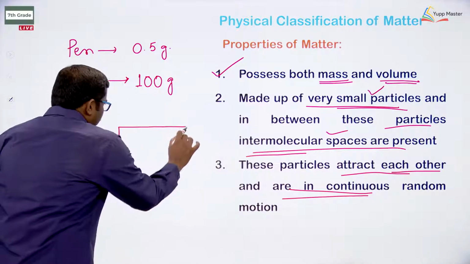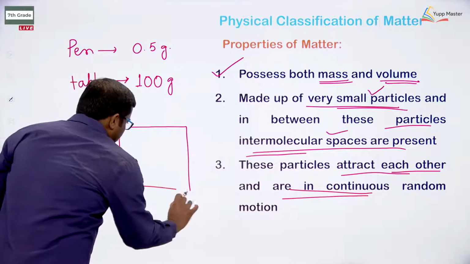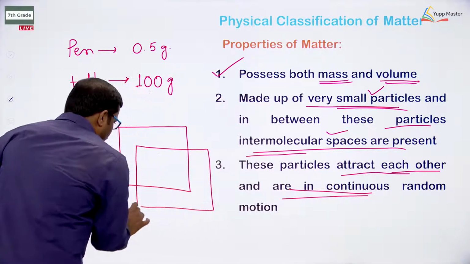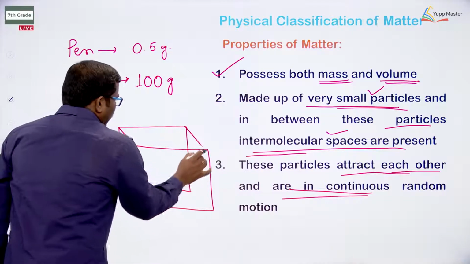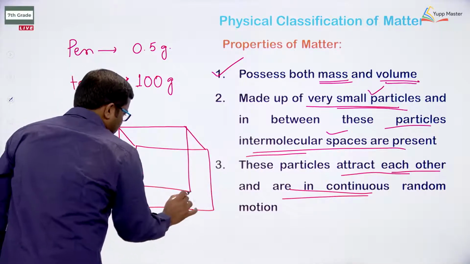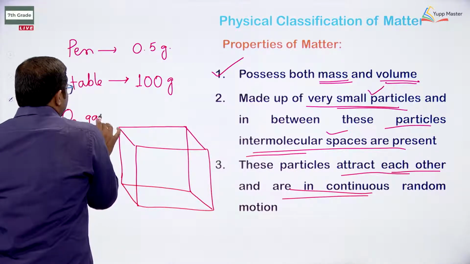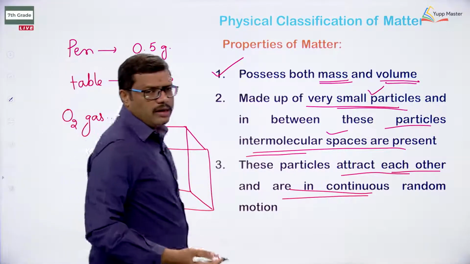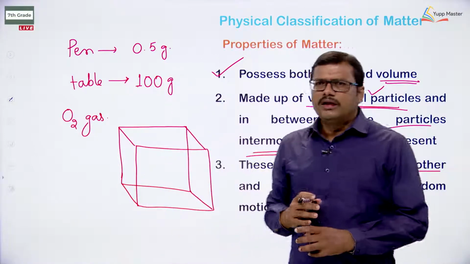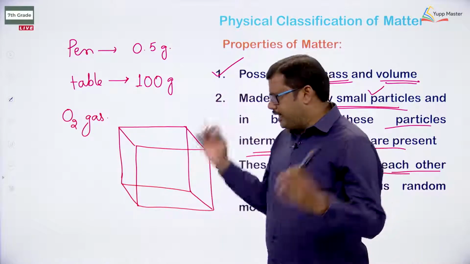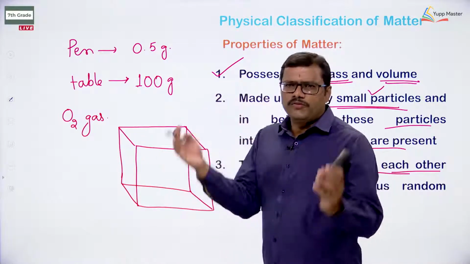Let us say, for example, we take a cubical box, and within this cubical box I am enclosing oxygen gas. Oxygen gas has mass, and it is also going to occupy some space, some volume.